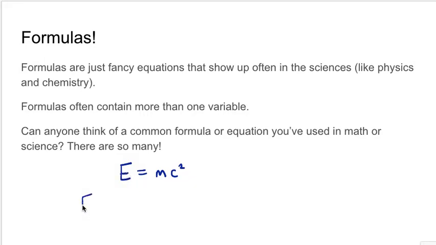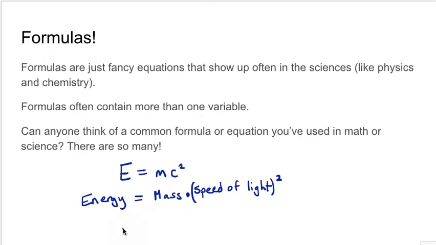E is energy, and that is equal to mass, the size or the weight of the object, multiplied times c, the speed of light. If you take the speed of light and you square it, I know, that's a massive number, right? Then you multiply times the mass.